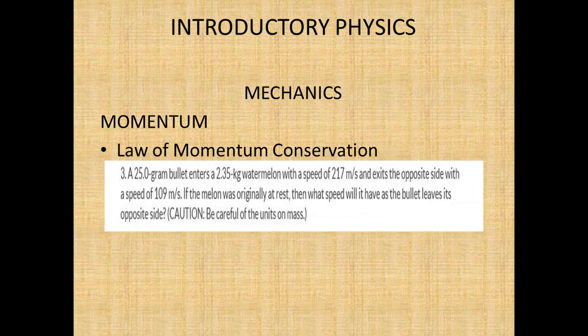Watermelon at rest. You fire a gun, the bullet enters the watermelon at a certain speed. It exits the watermelon with a certain speed. So the watermelon was at rest, and when the bullet hits it, it's going to travel a certain distance.